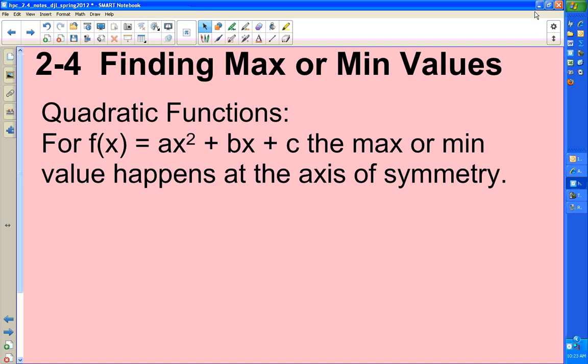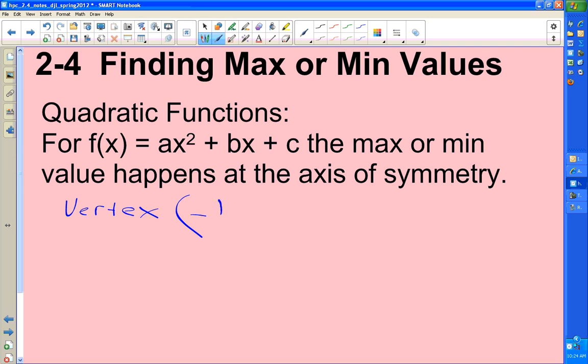This function is in standard form. f of x equals ax squared plus bx plus c. The max occurs at the axis of symmetry, and what's that maximum called? The vertex. And if you're in standard form, if you really want to find the vertex, how do we do it?